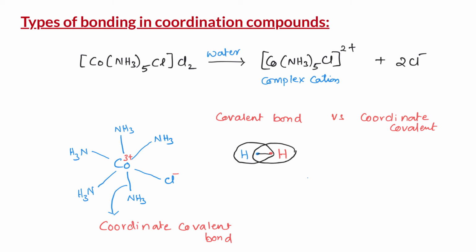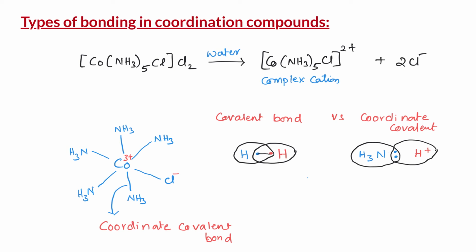In contrast, in a coordinate covalent bond, one of the participating atoms contributes two electrons, that is one pair of electrons, while the other atom contributes 0 electrons, and the electron pair is shared by both the atoms.